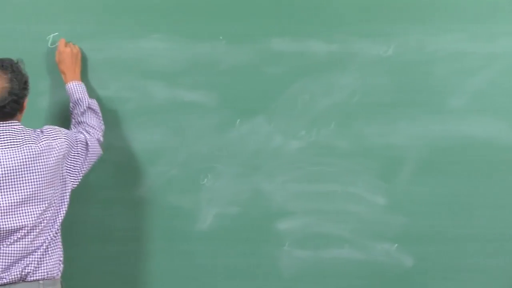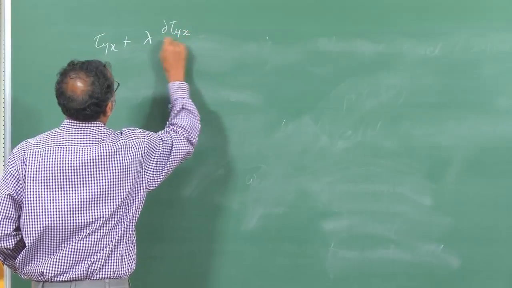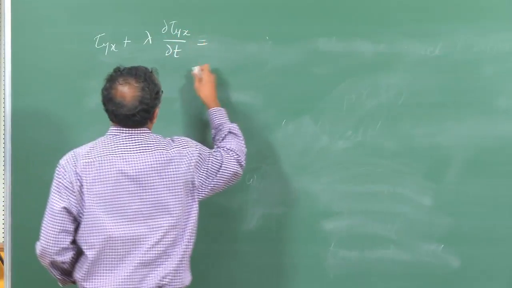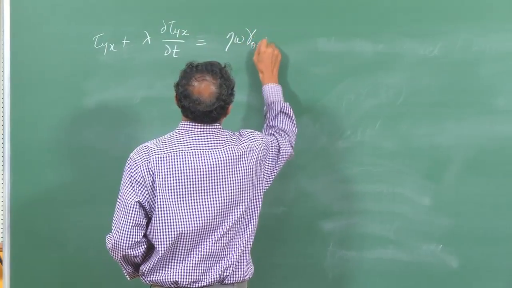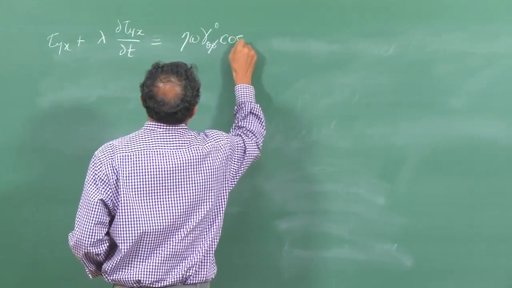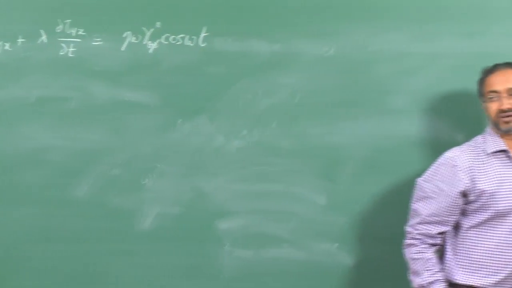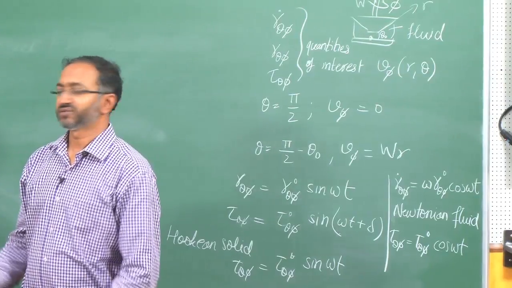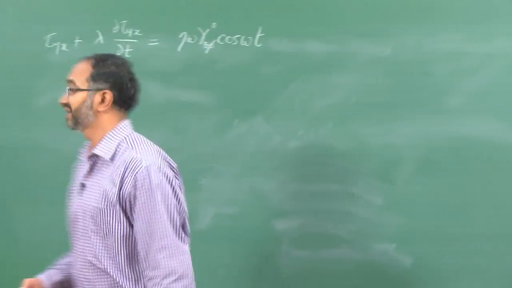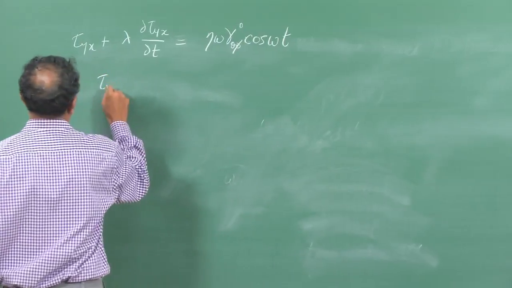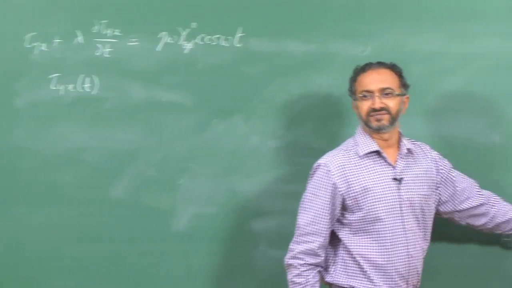So, what we would need to do is just tau_θφ plus lambda times ∂tau_θφ/∂t is equal to eta omega gamma_θφ0 cos omega t, because that is what gamma dot theta phi is. And so, this simple ordinary differential equation needs to be solved, and we can then get tau_θφ as a function of time, which is the solution we are seeking.